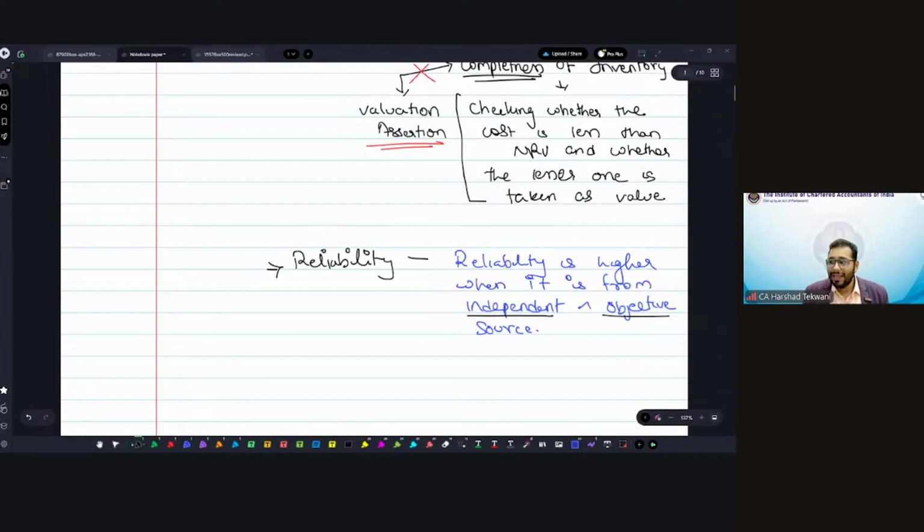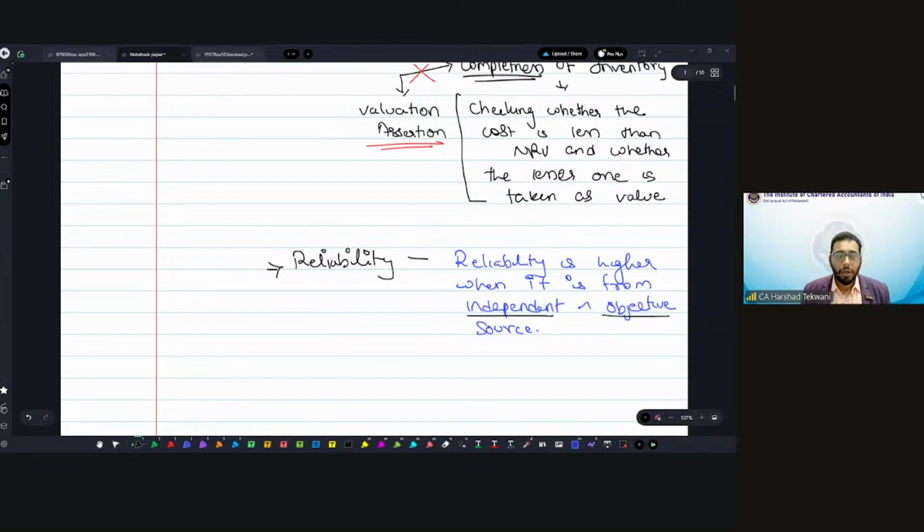In that case, I need to understand what procedures I need to perform. Simple example: let's say you are testing the provision on trade receivables, the bad debt provision. There is a detailed calculation which management has prepared for you, which you need to verify.